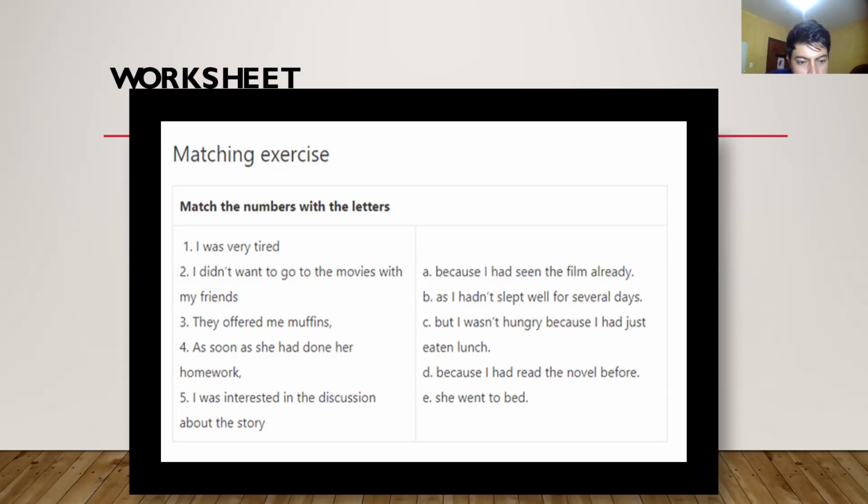For example, they offered me muffins. Muffins is food, right? So we see in the right column the answer will be the letter C: but I wasn't hungry because I had just eaten lunch.